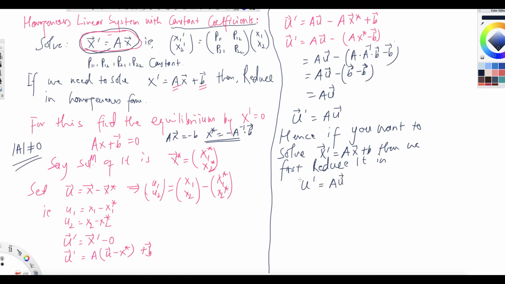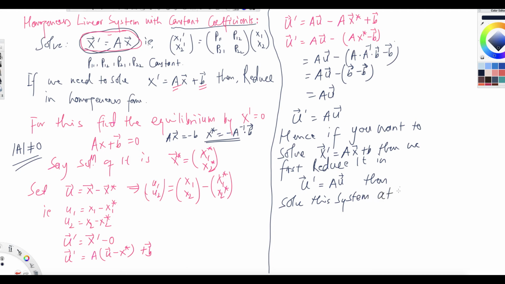We will reduce it in that form. Okay, and then what? Then solve this system. And again, how do I solve this system? We will discuss that method later. We will solve this system.